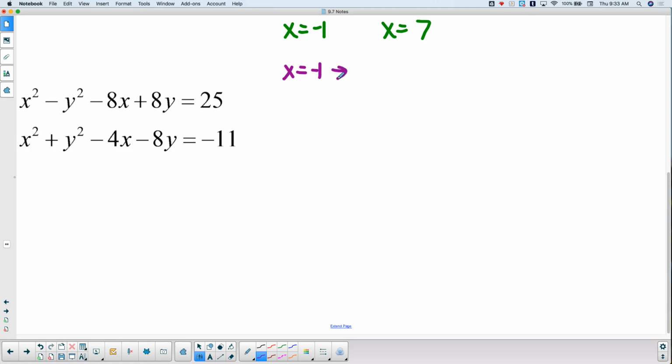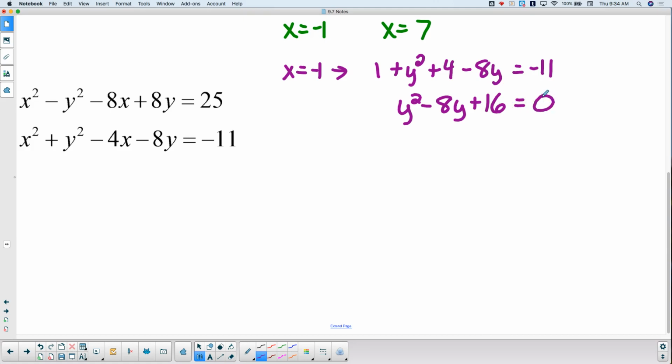It really doesn't matter. Let's go to the bottom one. So that's going to be 1 plus y squared plus 4 minus 8y equals negative 11. So that's going to be y squared minus 8y plus 5 plus 16 equals 0. Yes?